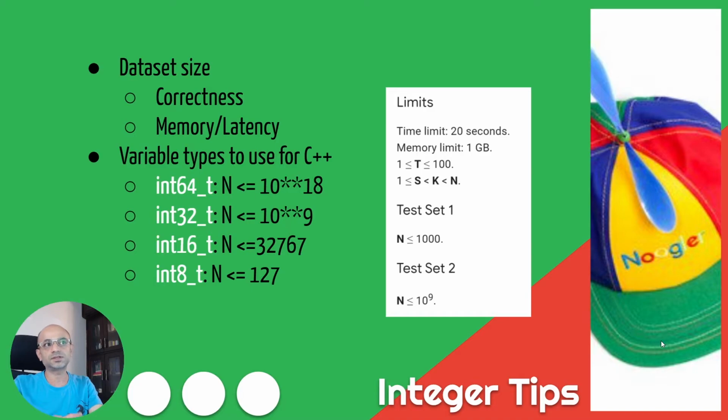It should be sufficient for you to store at least even slightly more than 10 power 9. And if any problem says the max limit is 10 power 18, then you can safely use int64. For the other two cases, if the number is within 32,767, you can use int16, and if it is 127, that's int8.